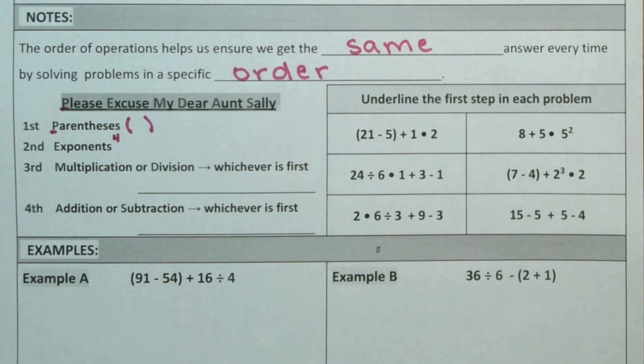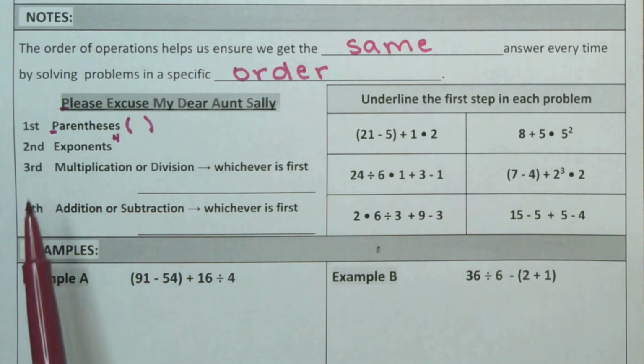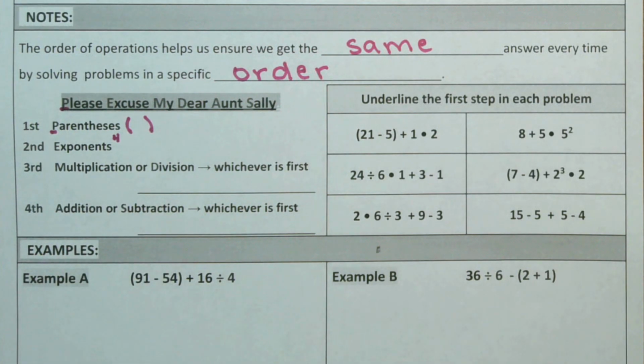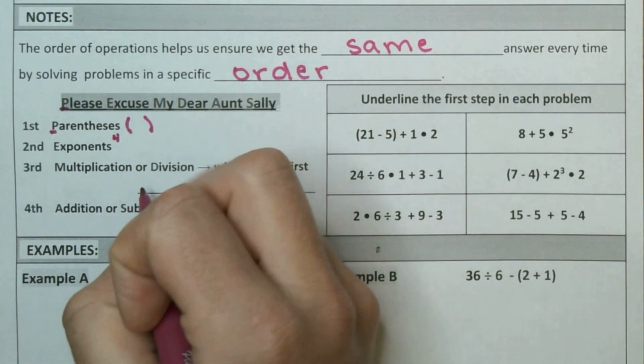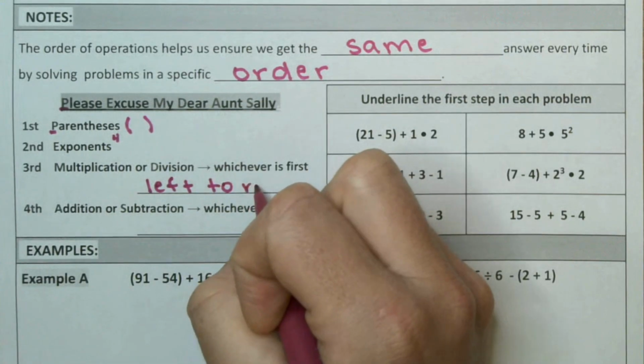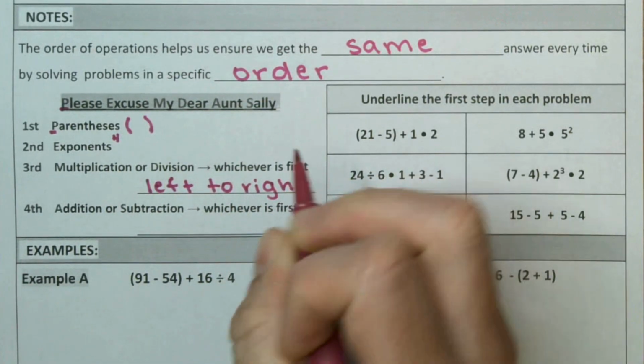Our third most powerful operation is actually a tie. It's a tie between multiplication and division. Multiplication and division are inverses, so we do whichever is first, left to right, just like you're reading a book.